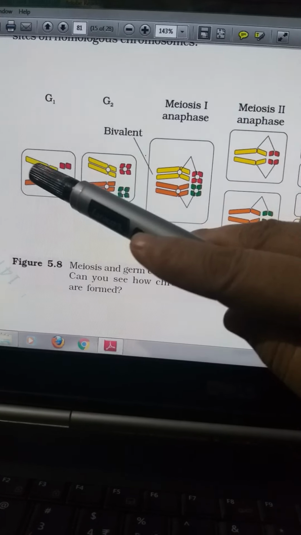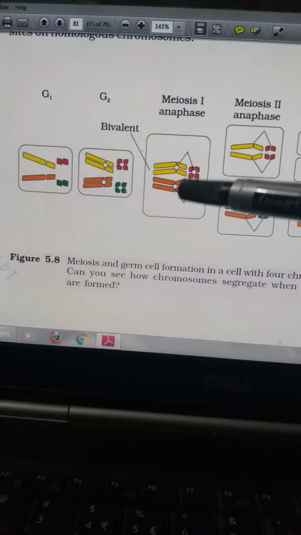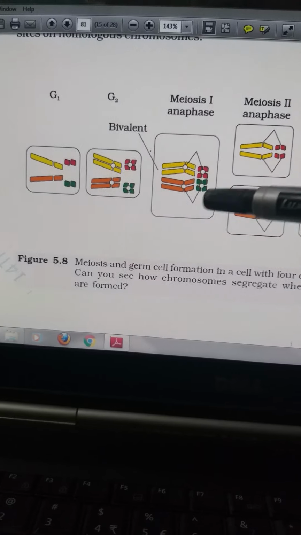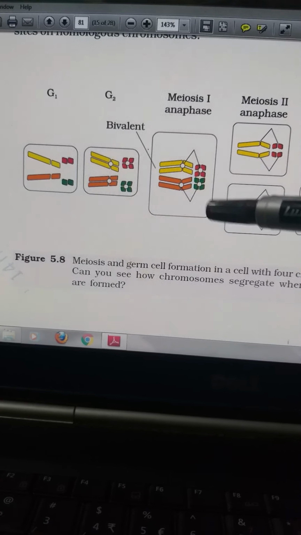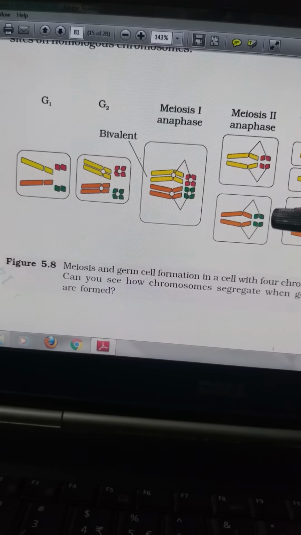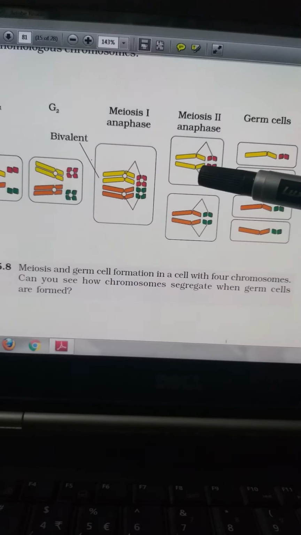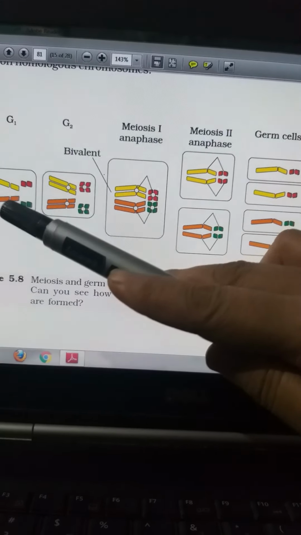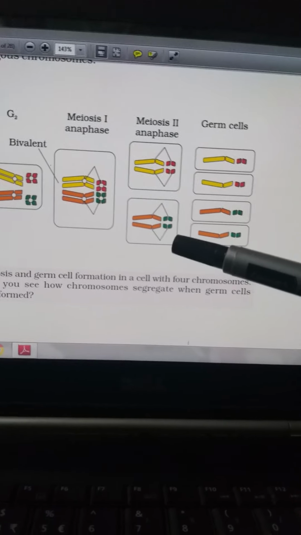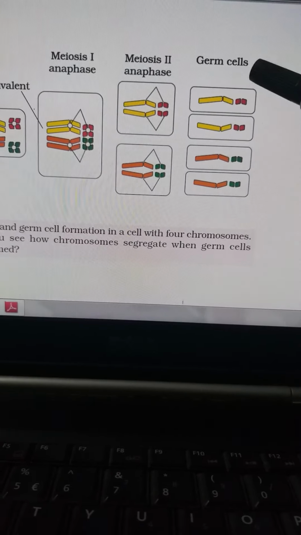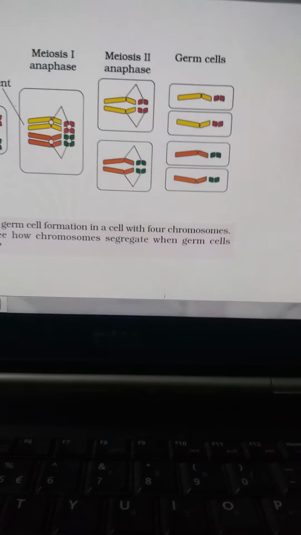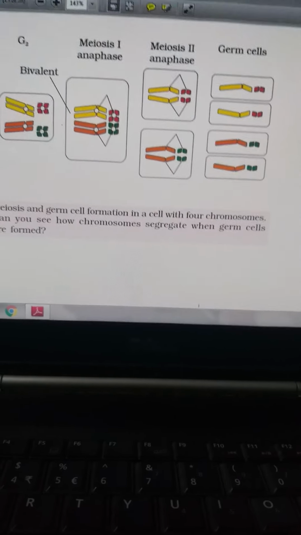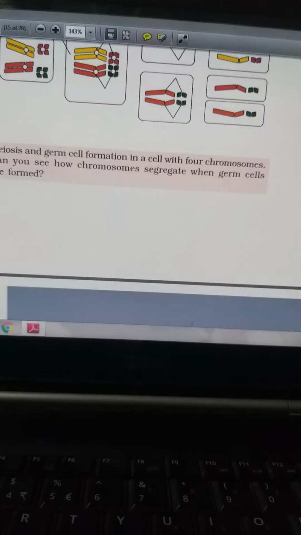When these copies are there, you see the tetrad formation. Ultimately in meiosis 2 they segregate again, they divide. From one parent cell, these are the gametes in the germ cell. This is meiosis 2.